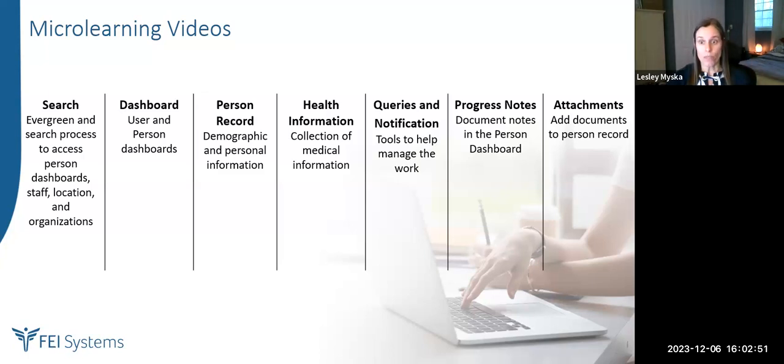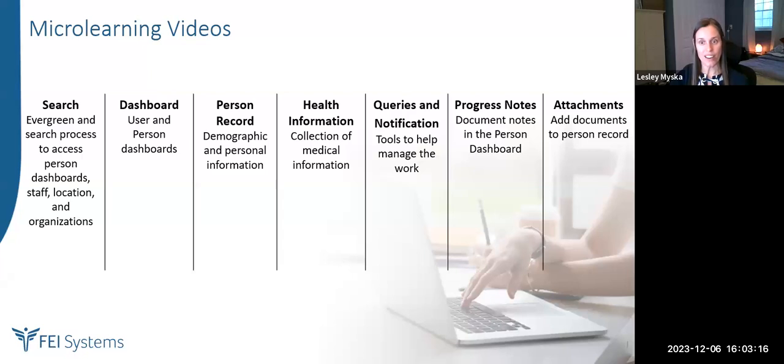And then there's a microlearning on the person record itself, which is where we capture all of the demographic data and personal information for each of the individuals that we provide services for. And then there's a health information microlearning training, which is where we capture all the diagnoses, allergies, treatments, medications, health insurance, and much, much more.